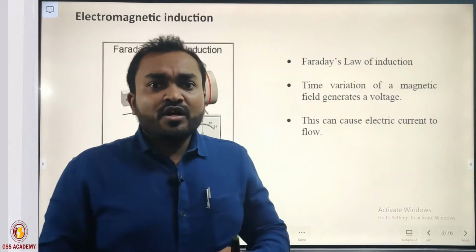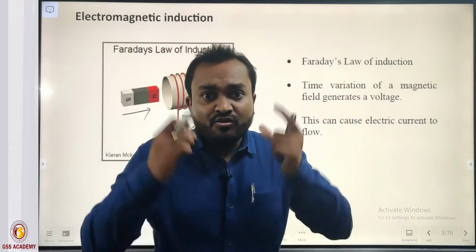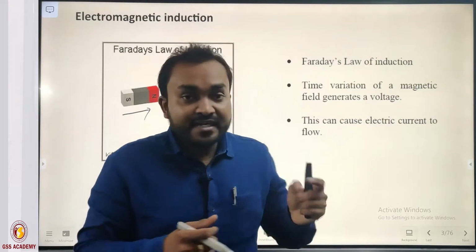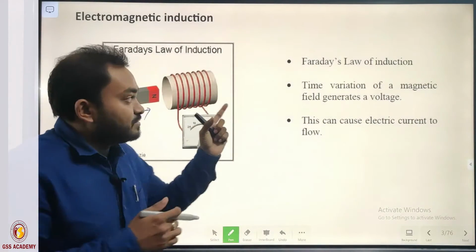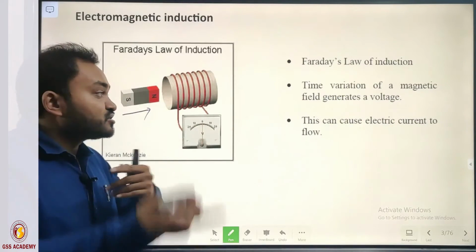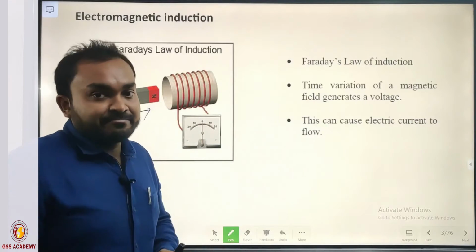In the name electromagnetic itself, there are electric and magnetic components. I have already given you an idea about this: when there is a change in the magnetic field or a change in the electric field, there will be an induced electric or induced magnetic field.